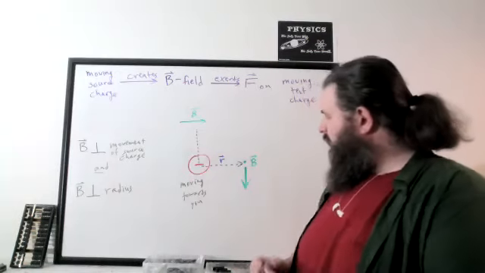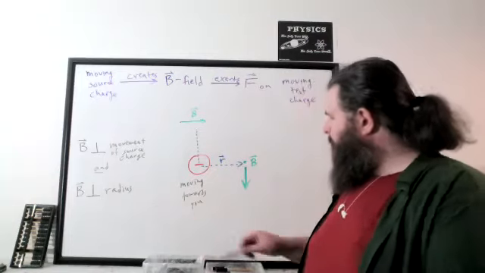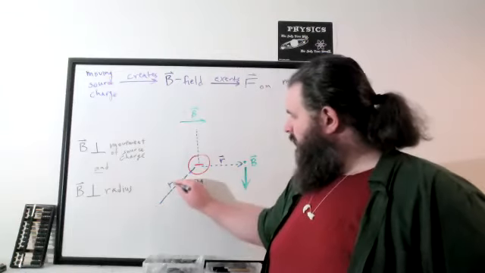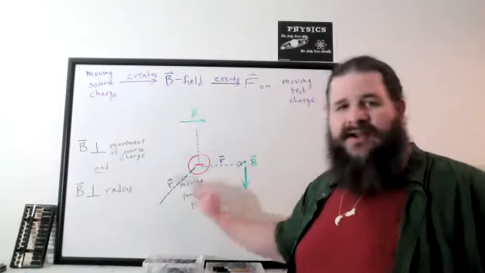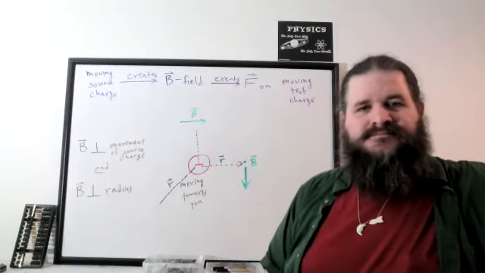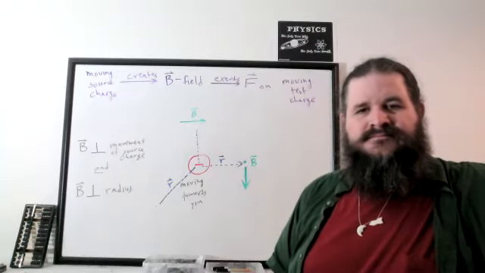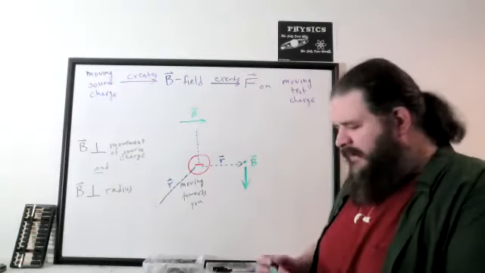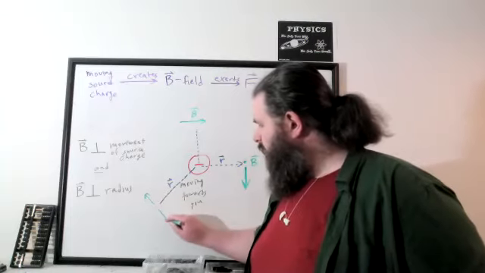Or let's say we were looking at this point sort of diagonally down here. There's our radius vector. What possible directions would be perpendicular to this radius vector? Yeah, they're going to be diagonals, either up and to the left or down and to the right.